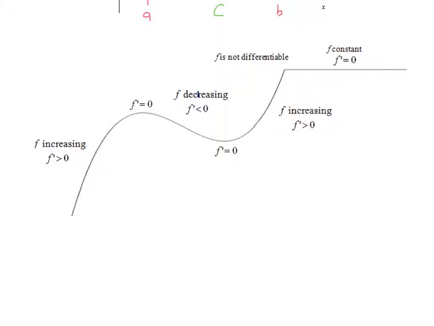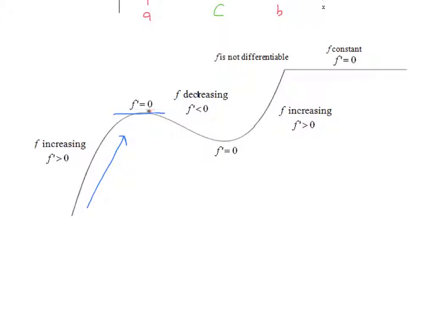Just thinking about the relationships between the derivative and the function. So if we're on this part of the function, our function is increasing. The slopes, all of the tangent lines on this interval, are positive. So if the function is increasing, the derivative is positive. Here our derivative is equal to 0 because we would have a horizontal tangent line.